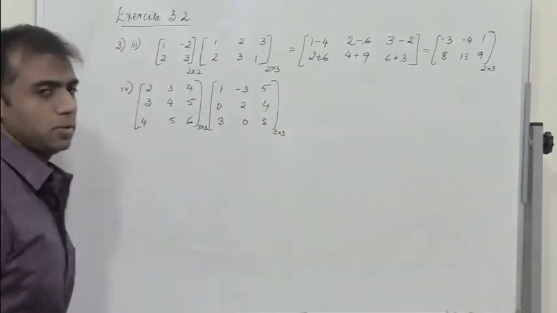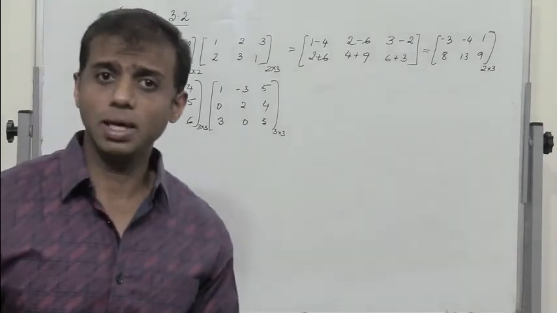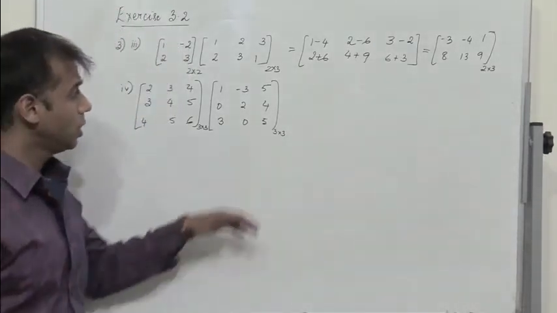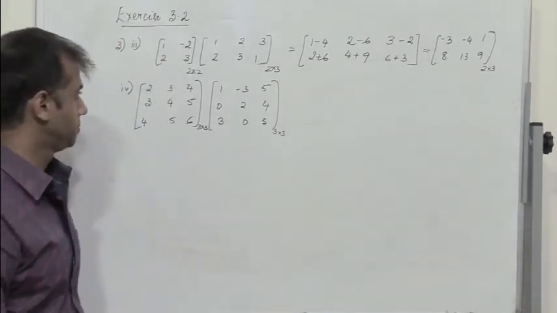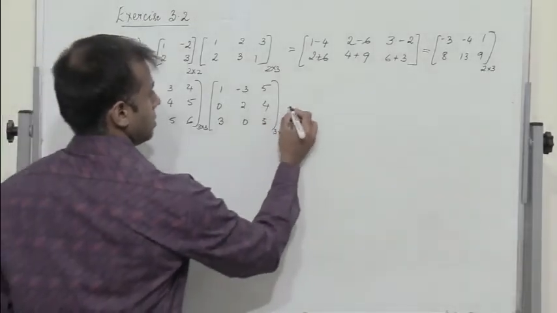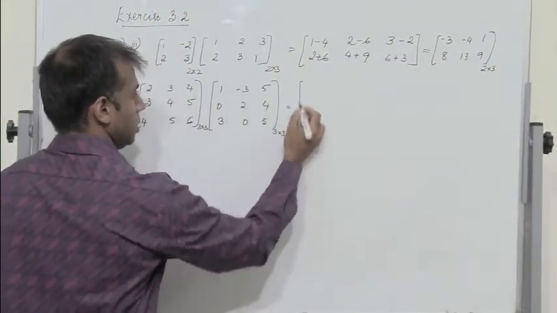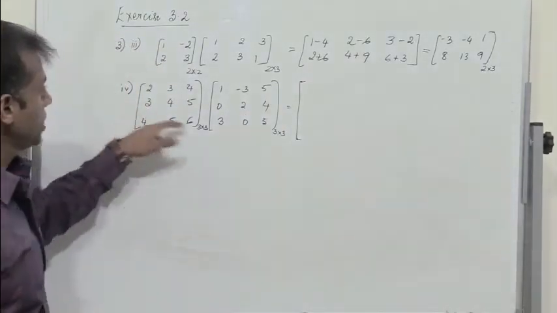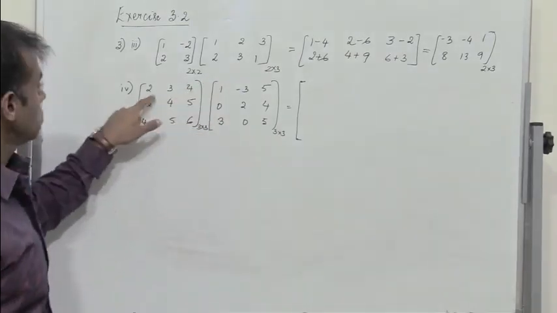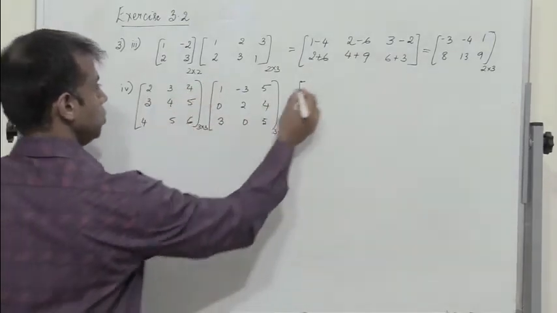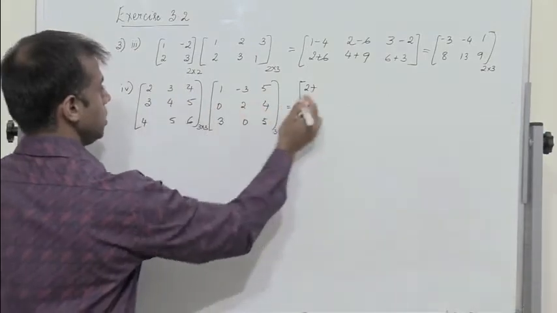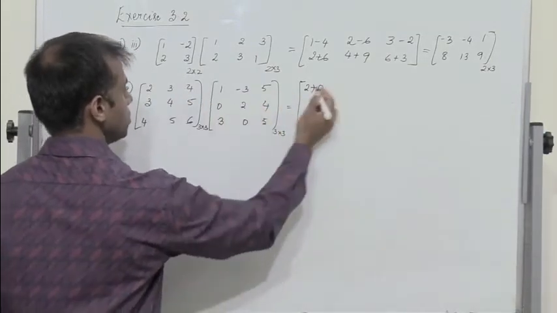Since both the matrices are of the same order, they can be multiplied, and the resultant matrix will also be of order 3 cross 3. So let's see what values we get. First row into first column. 2 into 1 is 2, plus 3 into 0 is 0, plus 4 into 3 is 12.